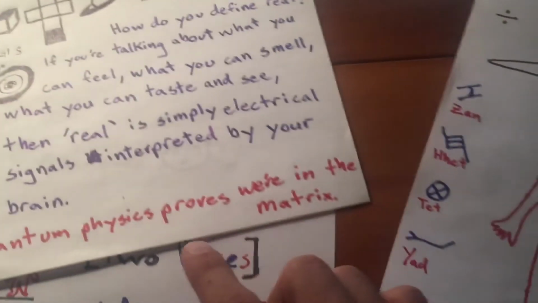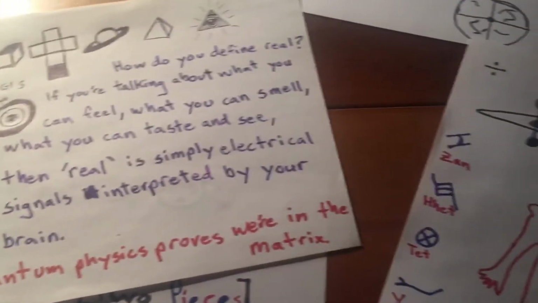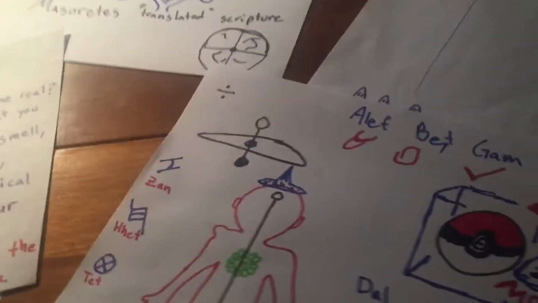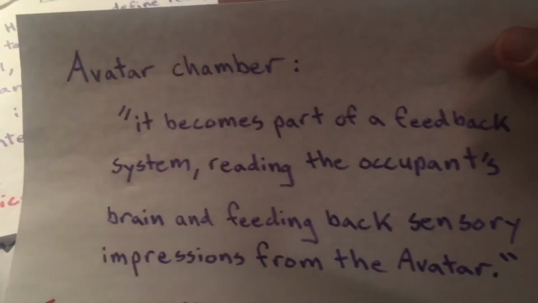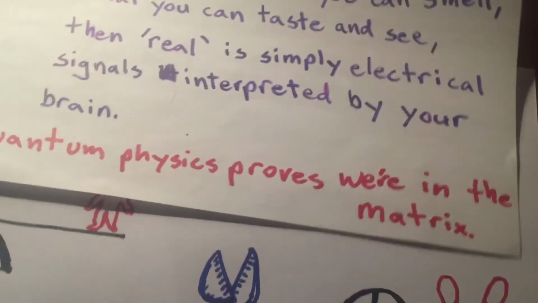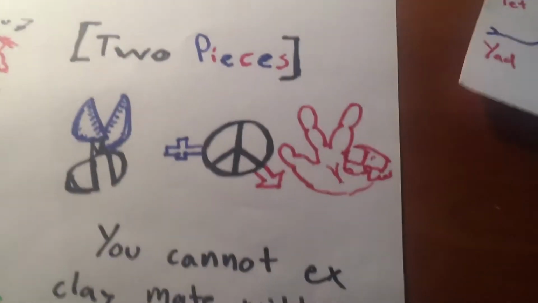Okay, and this is exactly what it is. You are in your avatar chamber, and all these signals, just like it says here, feeding back sensory impressions from the avatar. Quantum physics has already proven that we're in a matrix-like program.